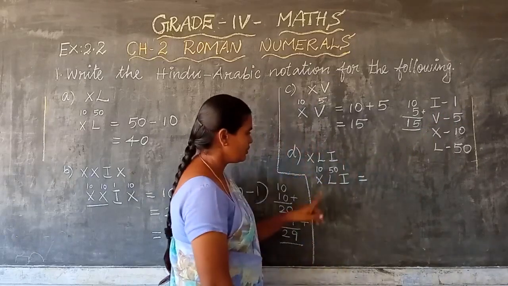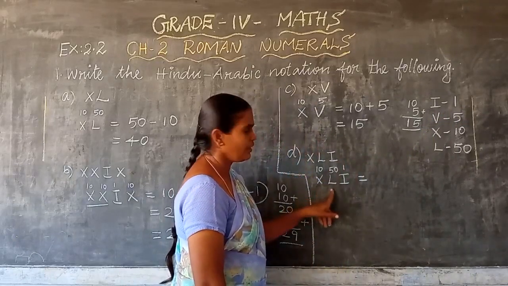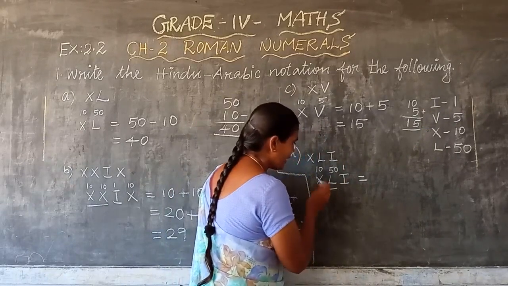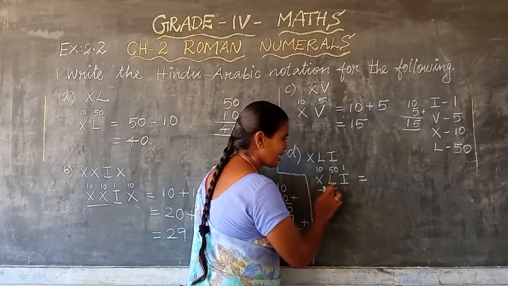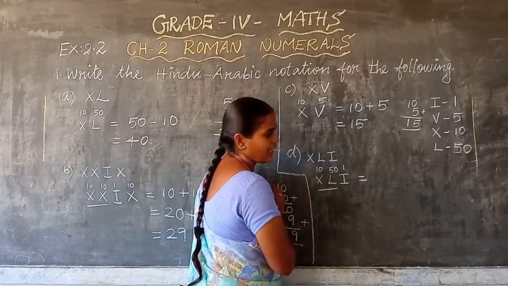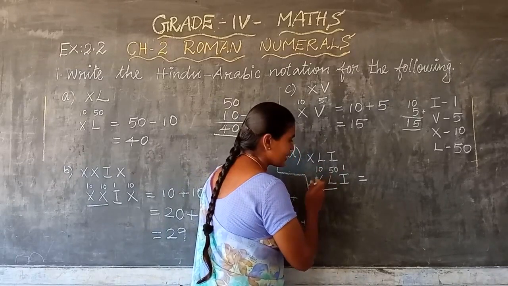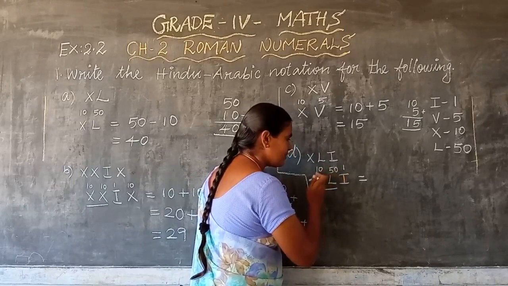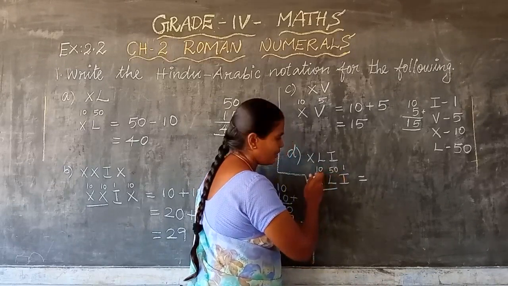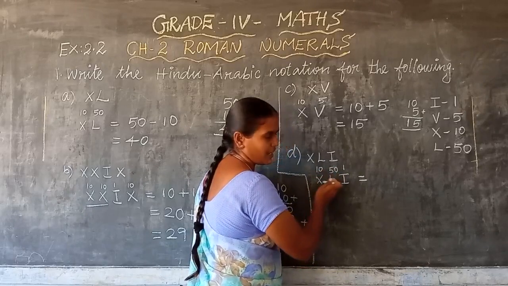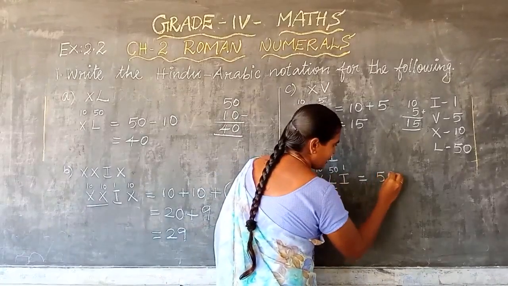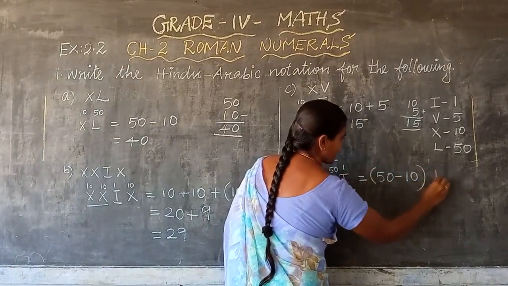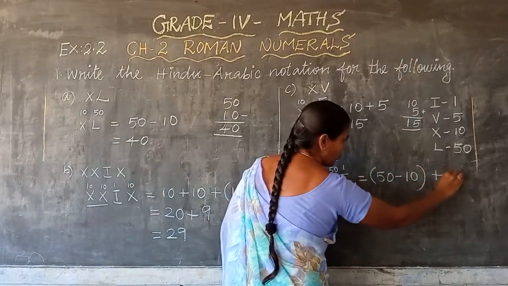See here, first take the first two numbers, XL. So X value 10, L value 50. Which one is the greater number here? 50. So greater number, left side we have the small number. So these two subtraction, 50 minus 10. Then plus I value 1.